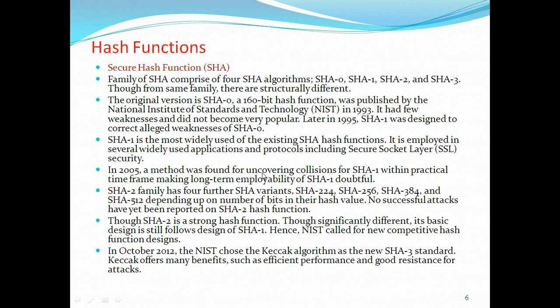In 2005, a method was found for uncovering collisions of SHA-1 within a practical time frame, making the long-term employability of SHA-1 doubtful. There were some collisions, some attackers. Later, the SHA-2 family has four further SHA variants: SHA-224, a 224-bit hash algorithm, SHA-256, SHA-384 and SHA-512, depending upon the number of bits in the hash value.